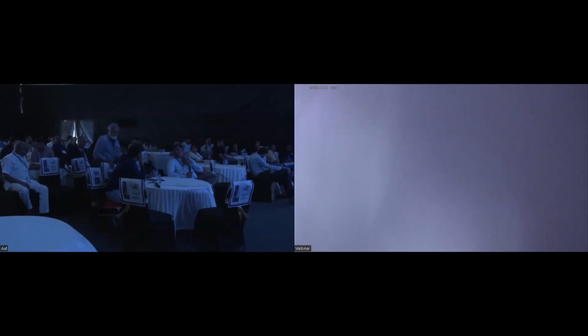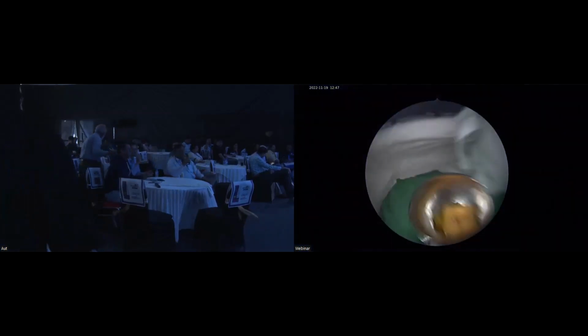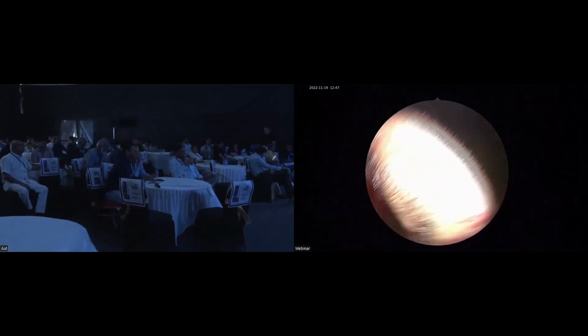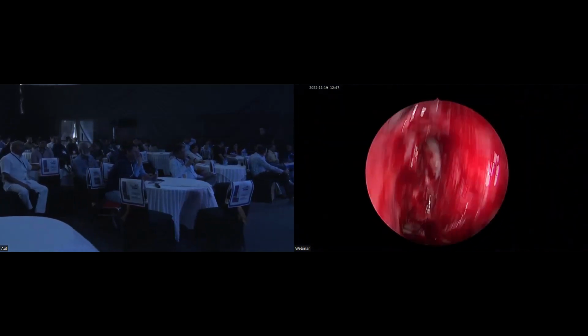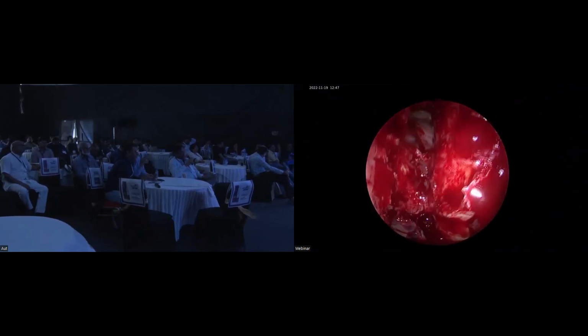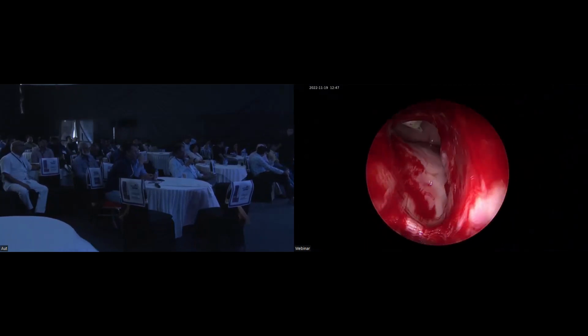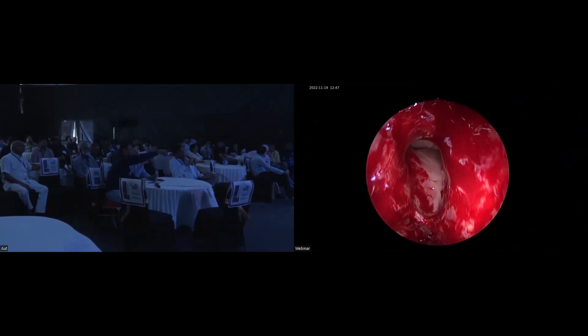That little AFS which was there, I will give a wash and make sure it comes out of the frontal sinus. Will you check the stability of the middle turbinate, ma'am, once again? Sure, I will, once I change the scope. So this is the disease in the frontal.